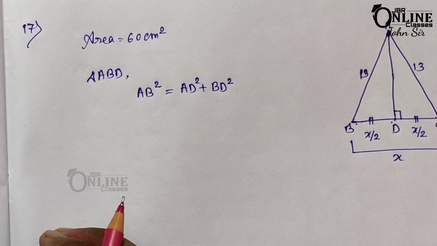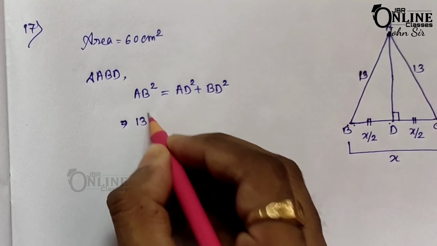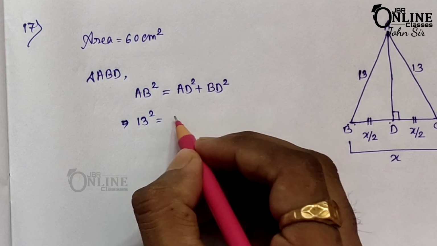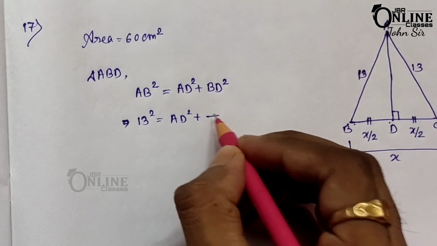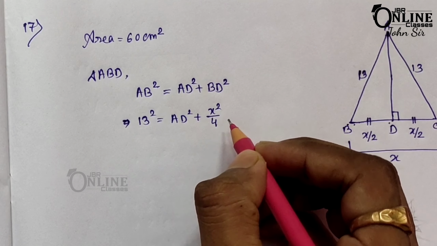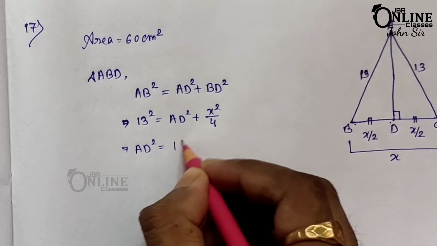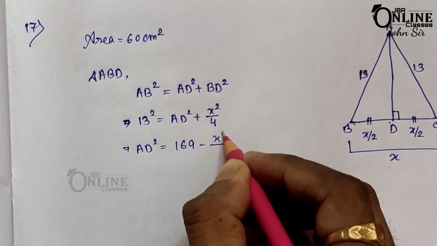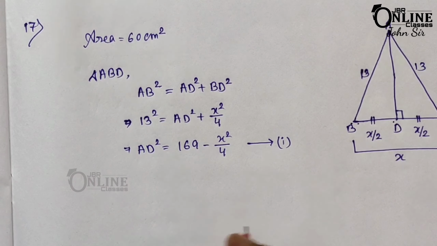Now AB means 13, so 13 square, here AD square, and here BD means x by 2 whole square, that means x square by 4. So from that AD square equal to 169 minus x square by 4. That is equation number 1.